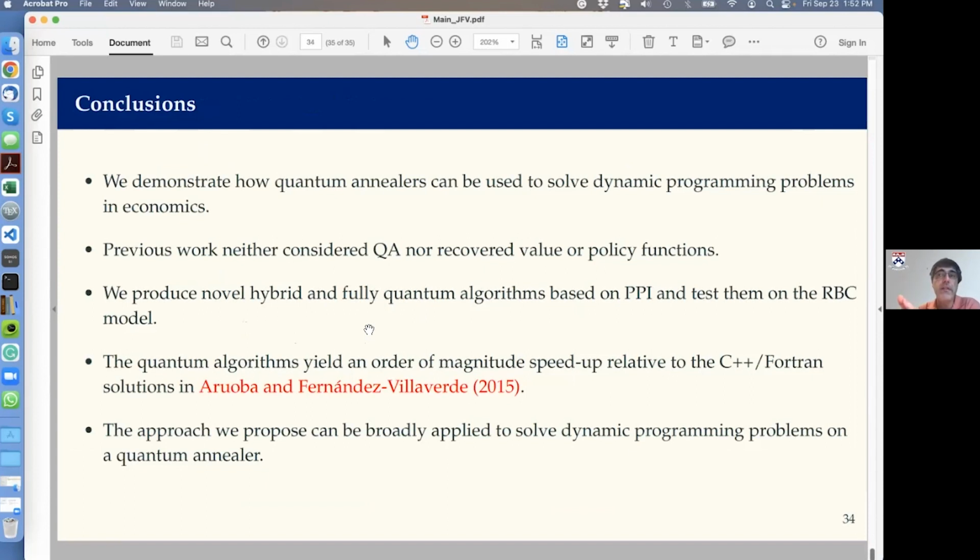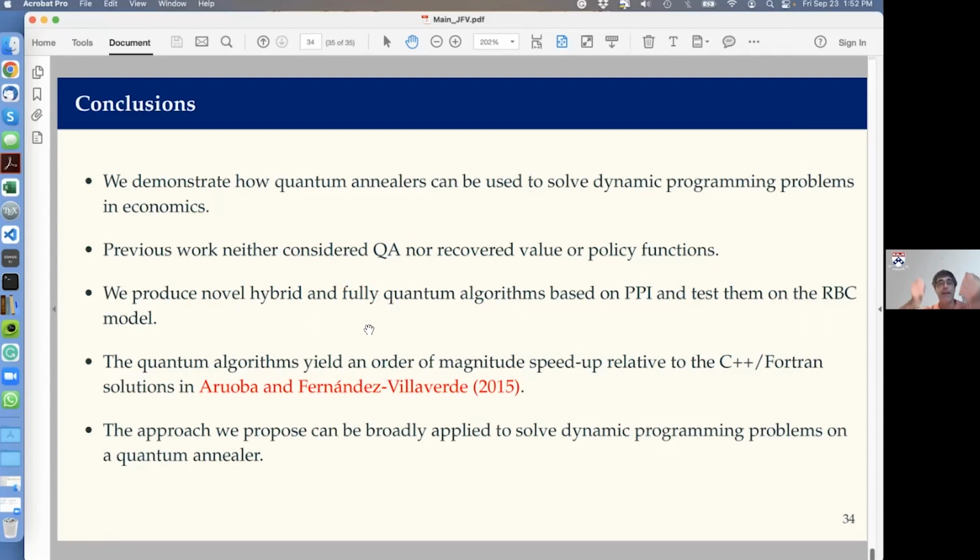You reformulate your value function problem, your recursive problem, as a PPI, and you rewrite that PPI, that policy iteration, as a combinatorial problem. You send the combinatorial problem in terms of binary variables to the quantum annealer.